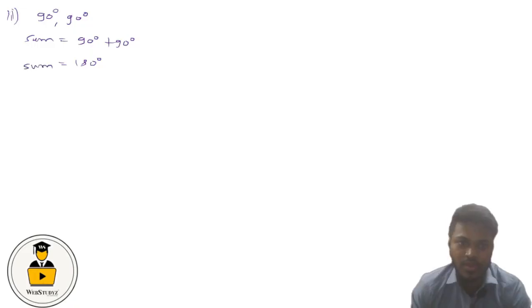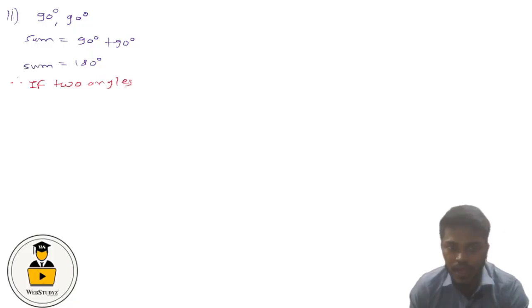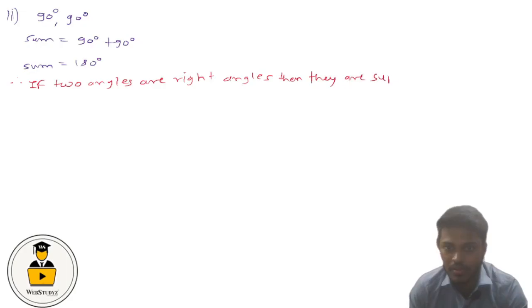Now, since the sum is equal to 180 degrees, we can say that if two angles are right angles, then they are supplementary.